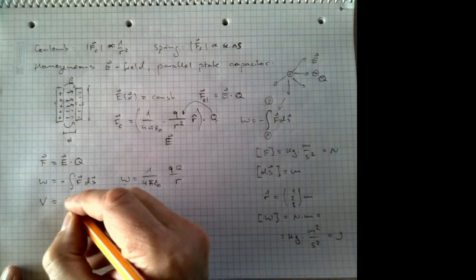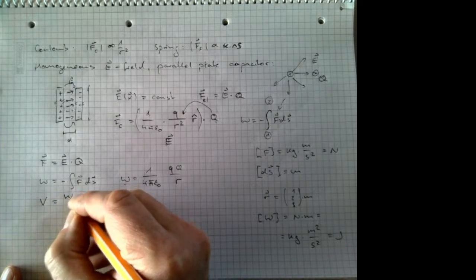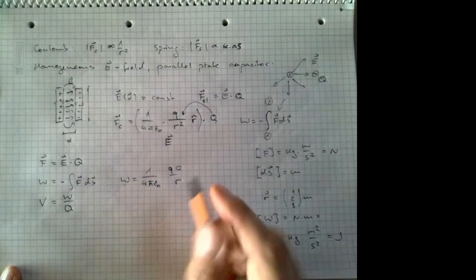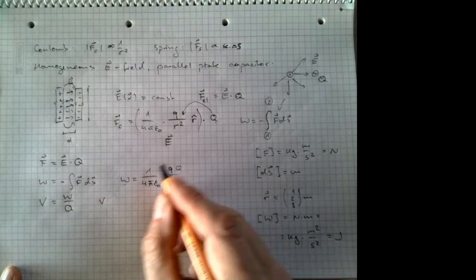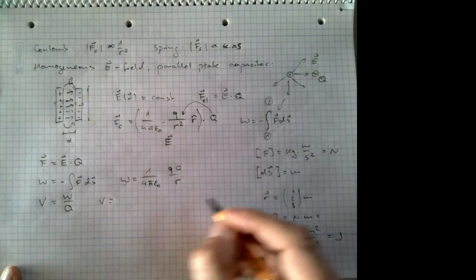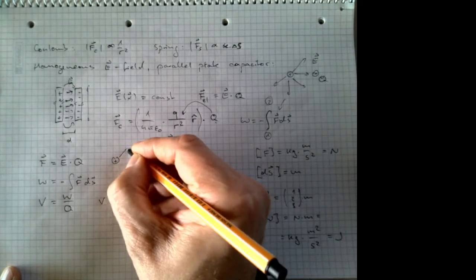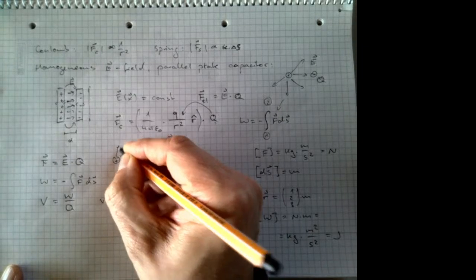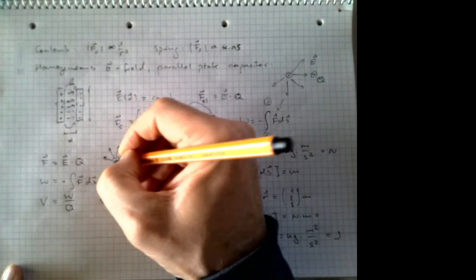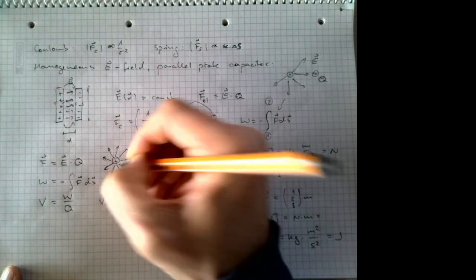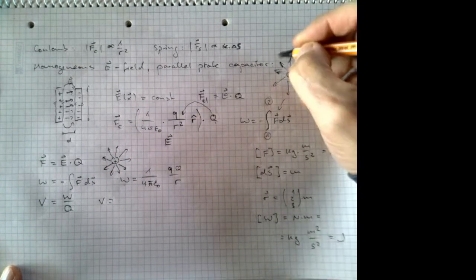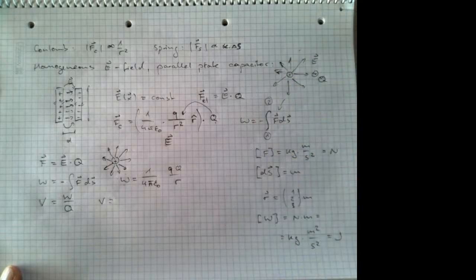This is the potential energy per test charge Q. Right? So the potential for a point charge, in this case, we are talking about this point charge. And of course, it's radially symmetric, and I'm too lazy to draw all the arrows. I think it's clear, right? It's isotropic.